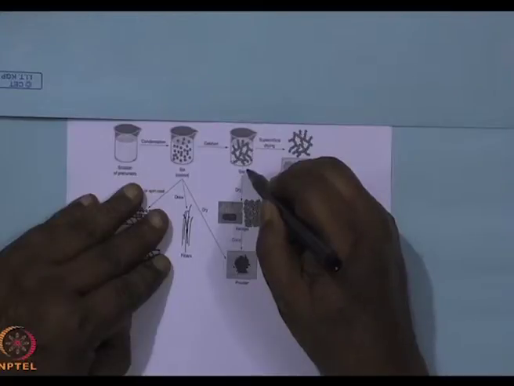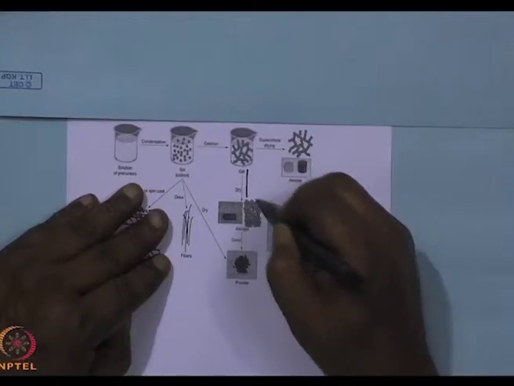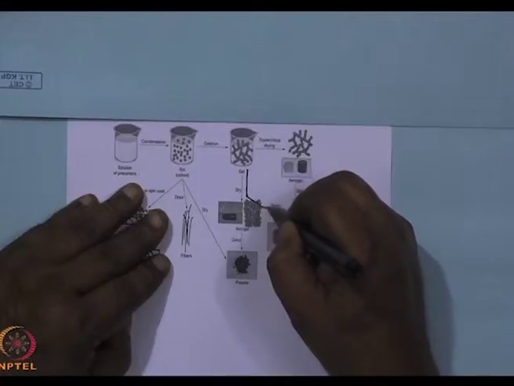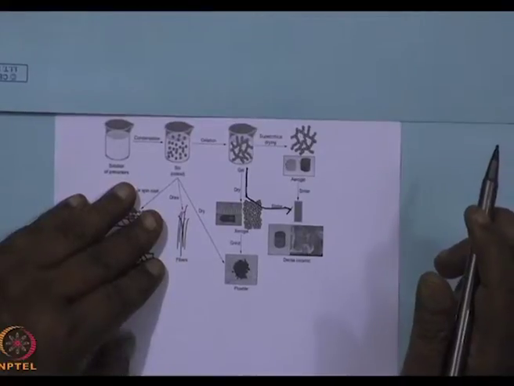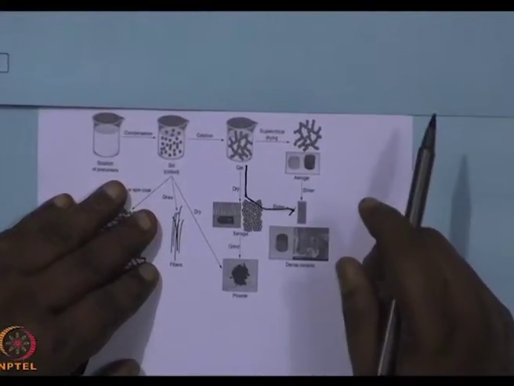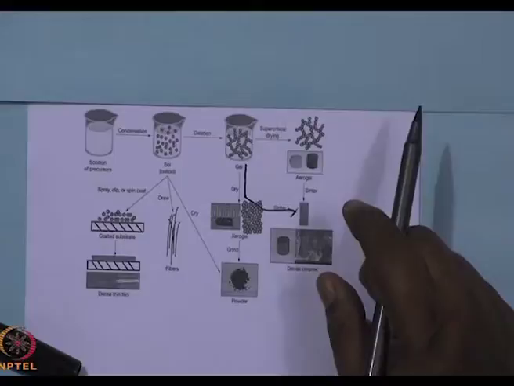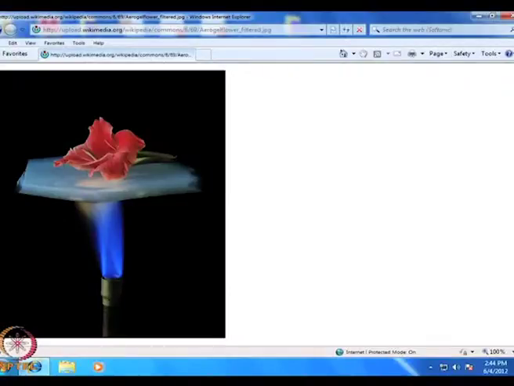The gel, by evaporative drying, forms a body, and then when sintered gives a dense glass. Now if I look at the screen over here, this is an example of an aerogel, which is very lightweight, very porous, and you can see it's insulating.